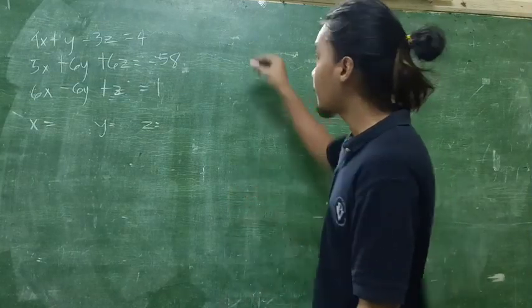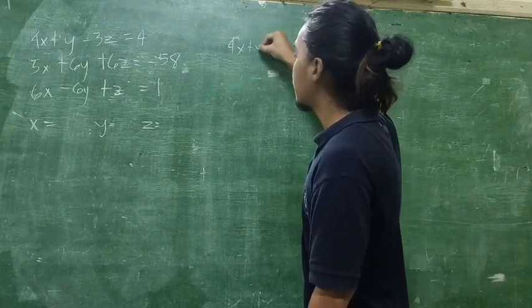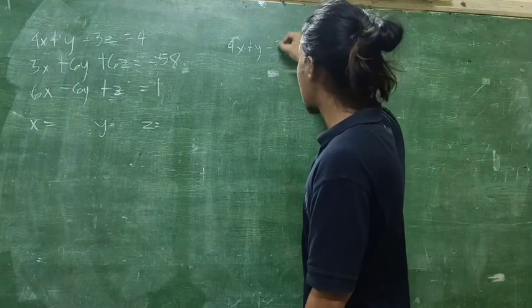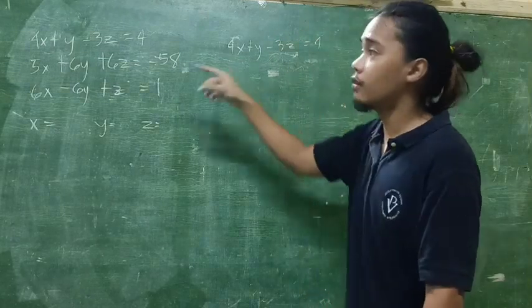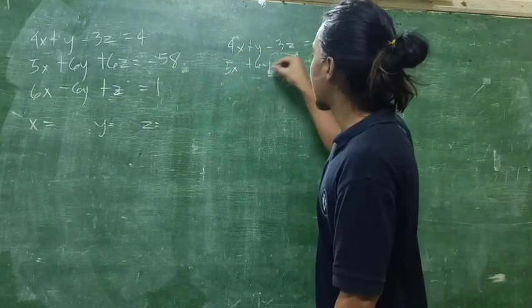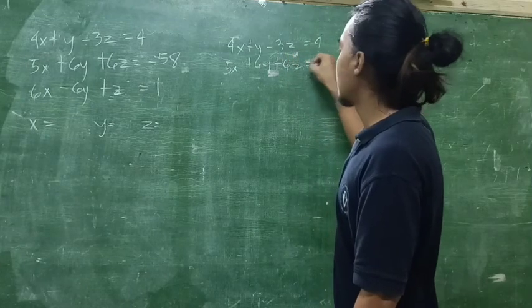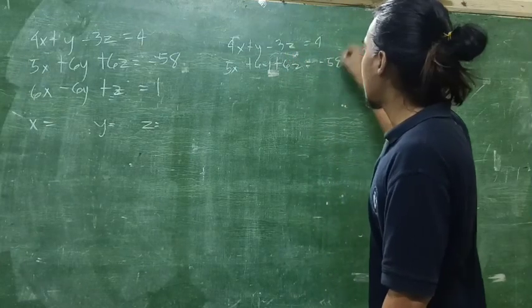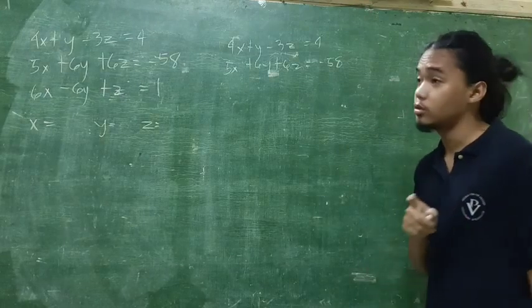Now, this time I am choosing the first two: 4x plus y minus 3z equals -4, and 5x plus 6y plus 6z equals -58. Okay. Choose a variable to eliminate.